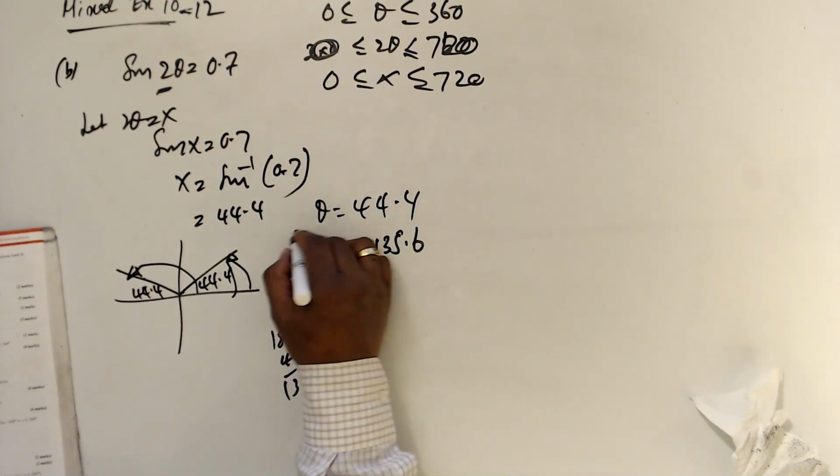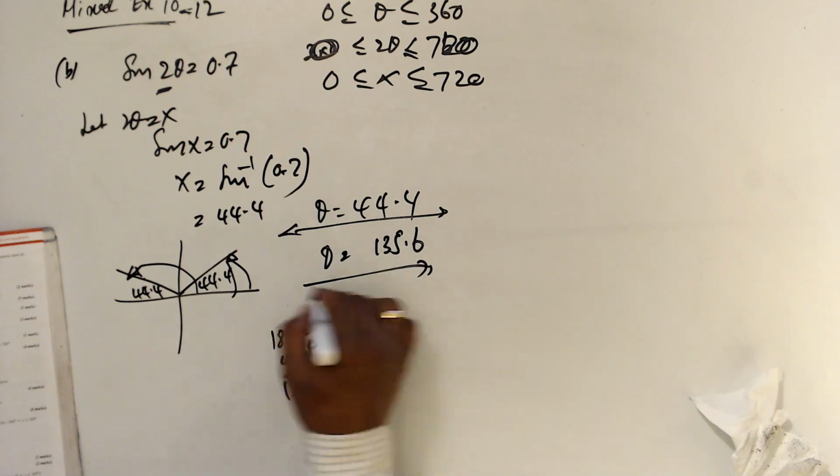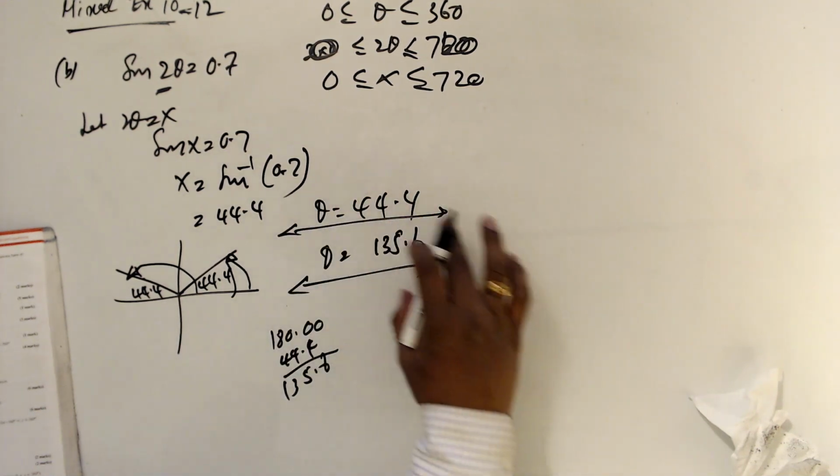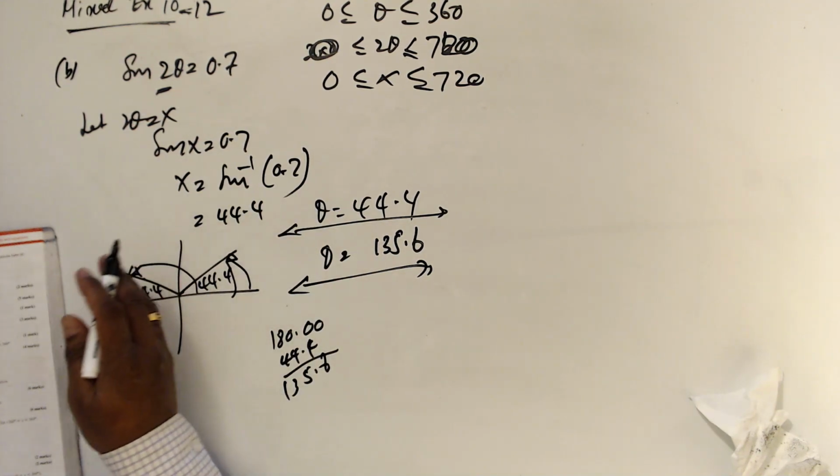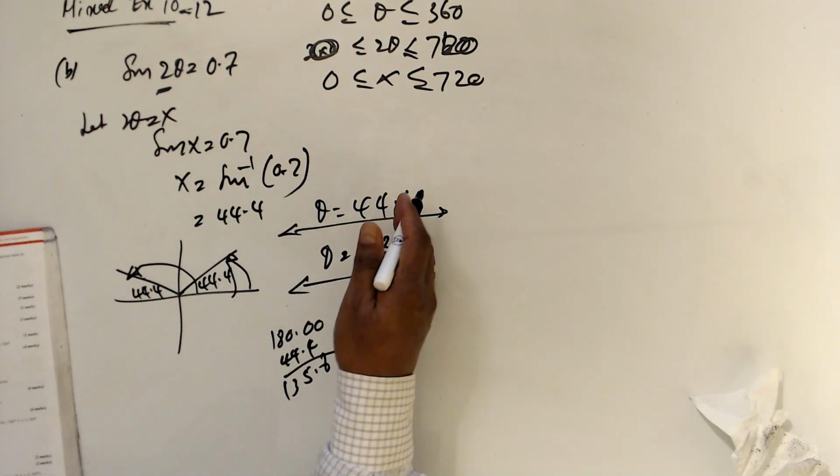Now we have to add 360 to these two. The minimum is 0, so we don't need to take 360 out from these answers. We will add.